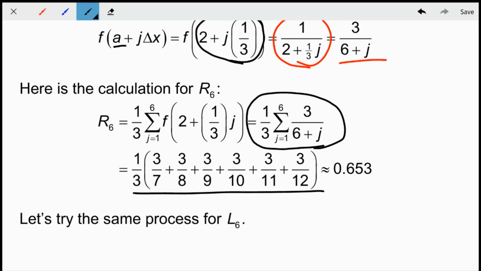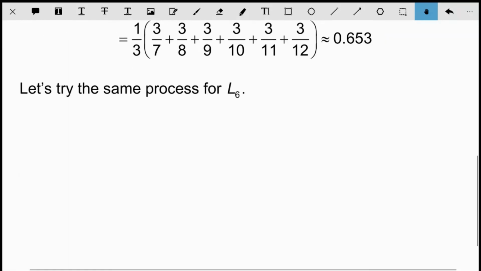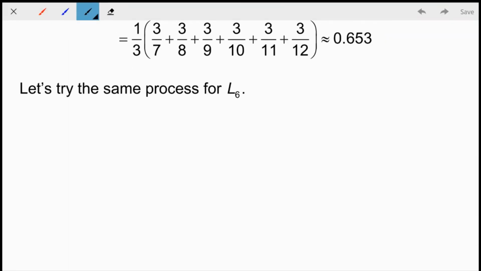Okay, so let's go through the same thing and do this with a left-hand approximation. It's very similar to a right-hand approximation. The only difference is when I look at my setup, I remember my delta x was 1/3, but this time when I'm thinking about that f of a plus j delta x, at the left endpoint of my first subinterval, 0 delta x is added.